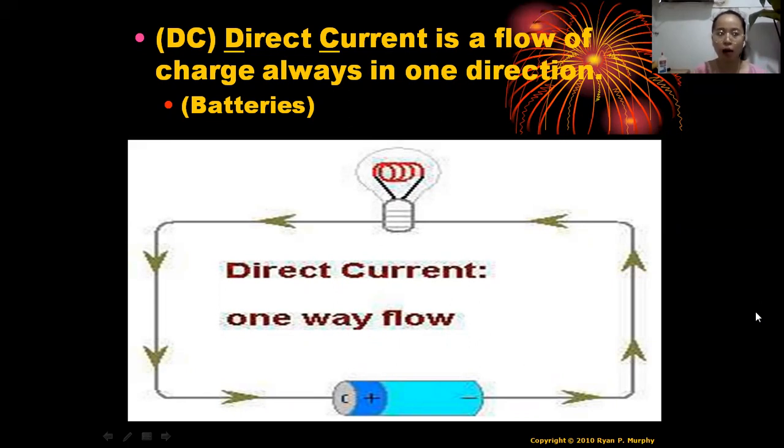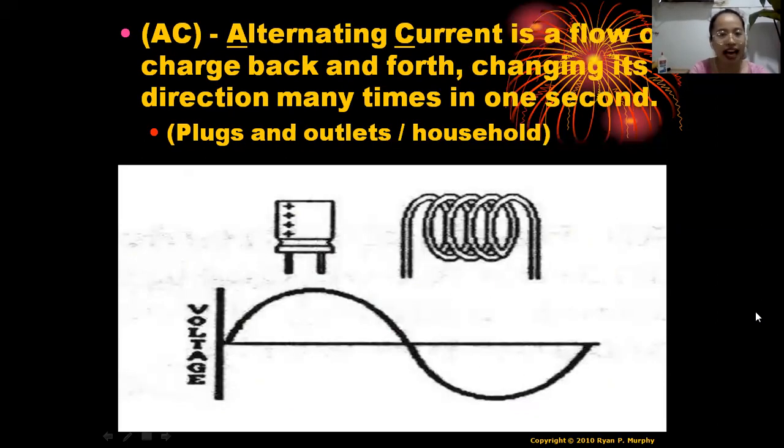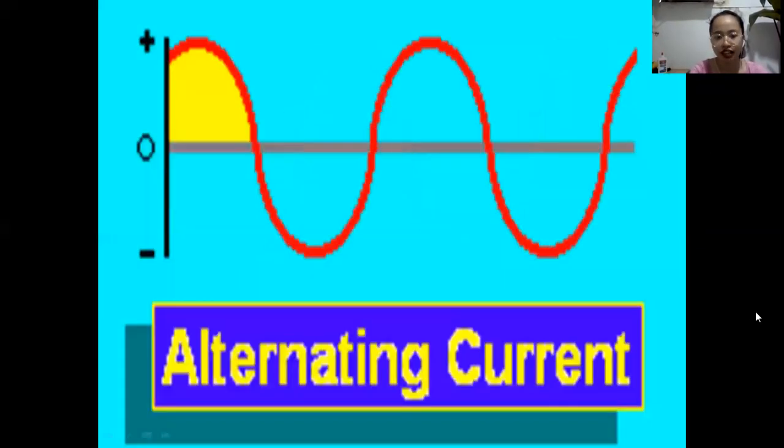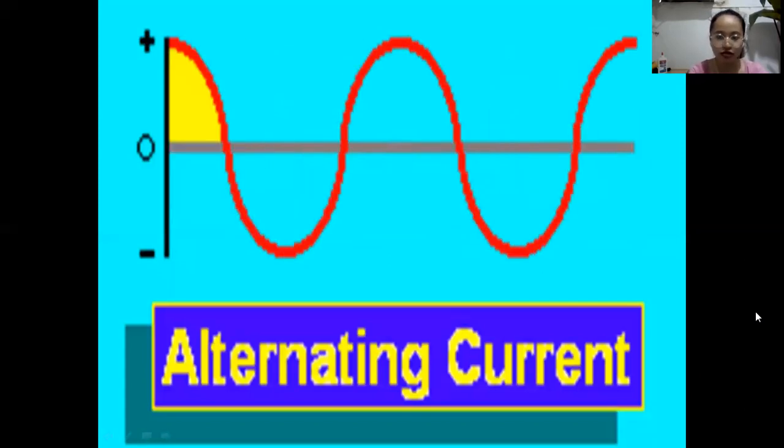The best example for DC is batteries. And the AC, or alternating current, is the flow of charge back and forth, changing its direction many times in one second. An example for this is the plugs and outlets used at home. As you can see there, that's the movement of the AC.